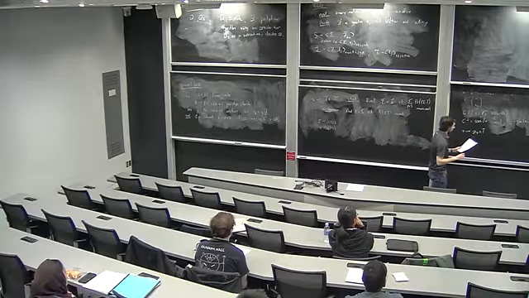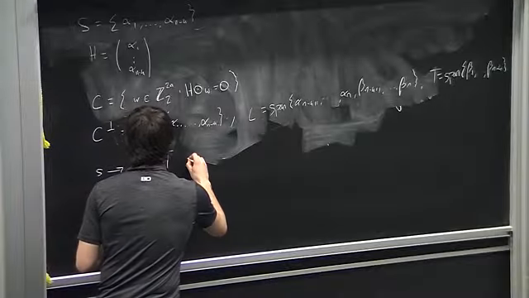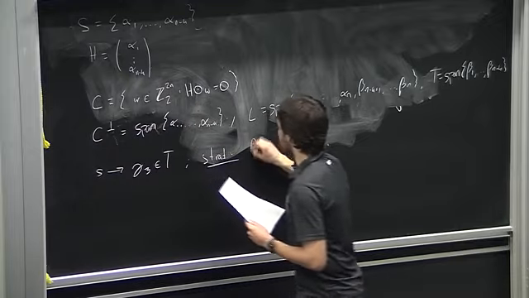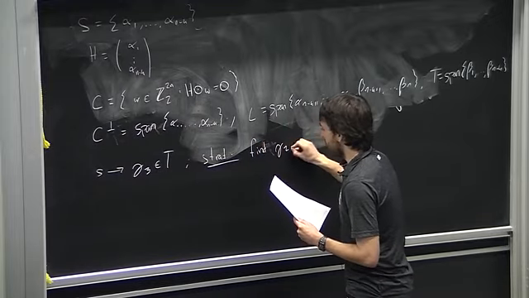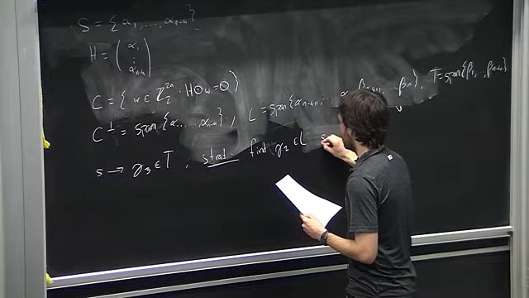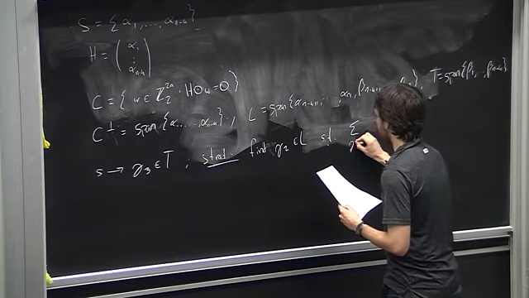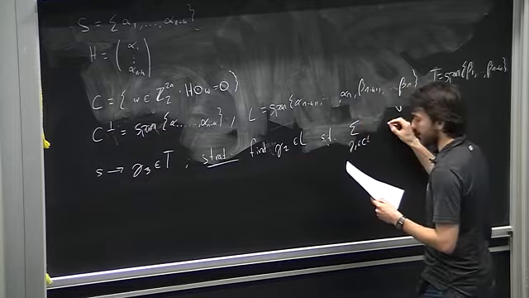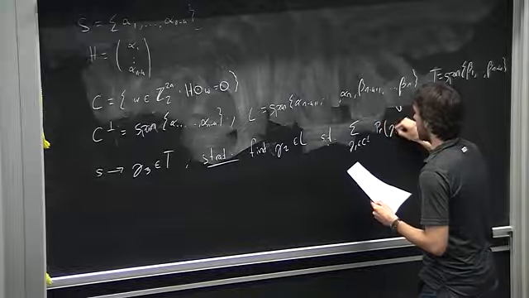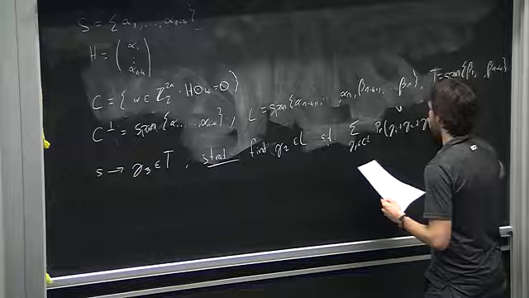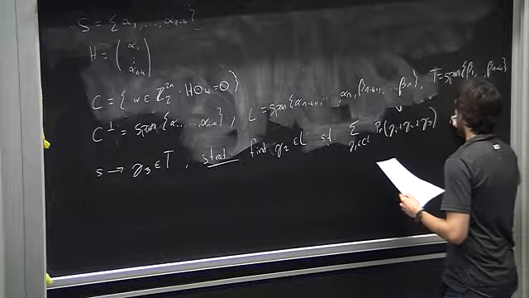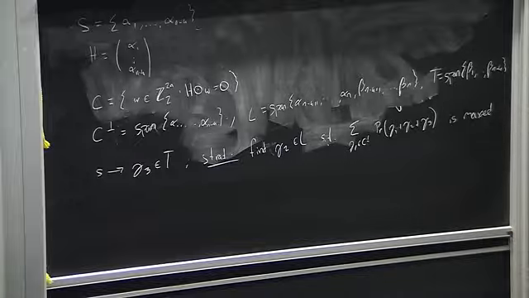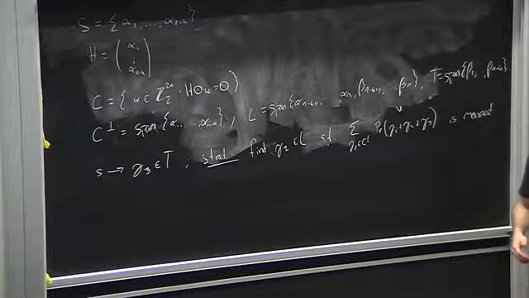And therefore, the strategy is to find some gamma 2 in L such that summing over all elements of C perp, which is equivalent to your stabilizer now, and taking the probability of gamma 1 plus gamma 2 plus gamma 3 is maxed.